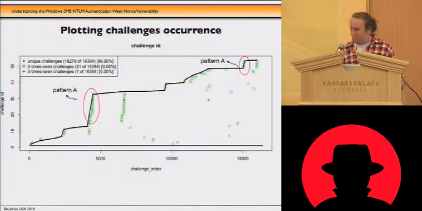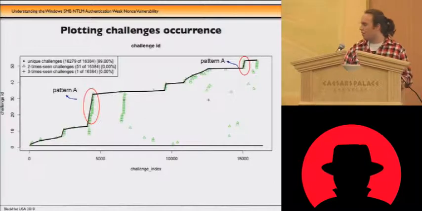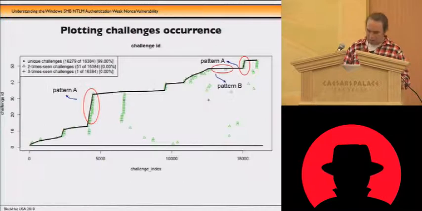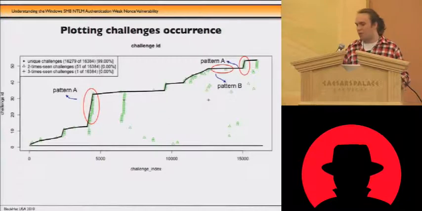For example, we have a pattern A, which is found in steep regions of the curve, meaning that within a short time frame, a lot of challenges that are issued are going to be duplicated later. And we can see a pattern B in smooth regions of the curve, meaning that within a time frame, the issued challenges are not going to be duplicated later.